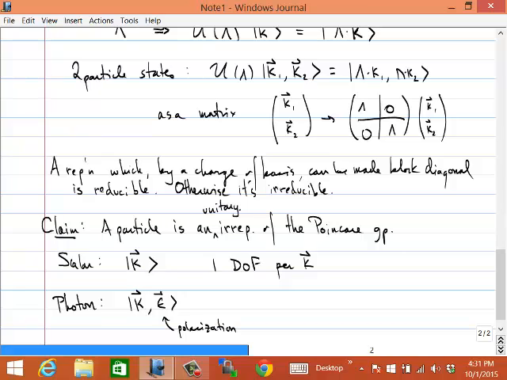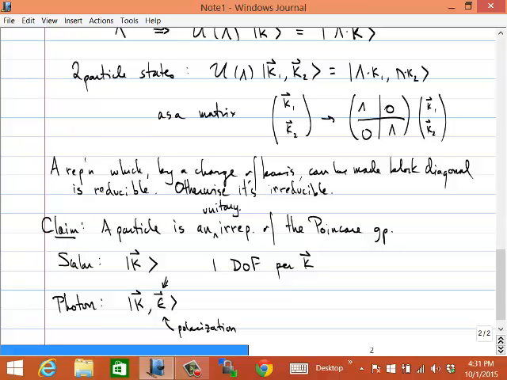In particular, as you can probably anticipate, because I've drawn a vector symbol over the polarization symbol, what happens if you took a photon that's traveling in this direction, which has a particular polarization? Well, if you do a rotation on that, then the direction of propagation of the photon will rotate, and the polarization vector of the photon will rotate in the usual way. And so this is a theory where you don't have 1 degree of freedom per momentum mode, but in fact you have 2, because there are 2 possible polarizations of an electromagnetic wave.